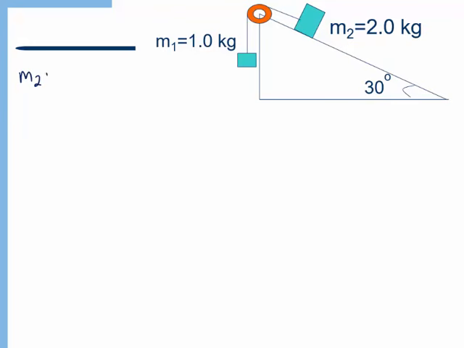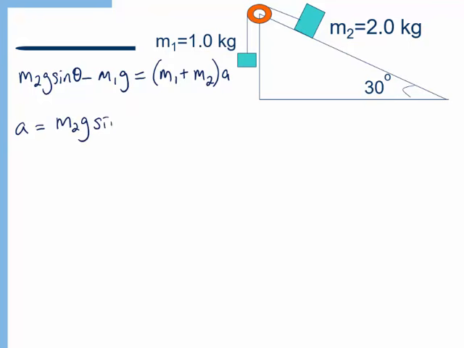We have m2g sine theta minus m1g is equal to, and I'm going to just factor out the a here, m1 plus m2 times a. And therefore, our solution for the acceleration, remember we always want to solve algebraically completely, is m2g sine theta minus m1g over m1 plus m2.